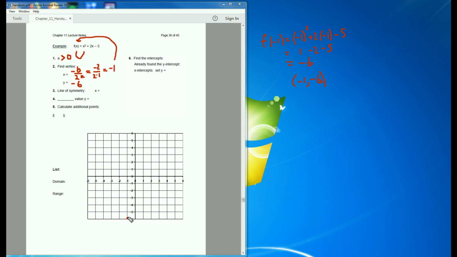Go ahead and plot that point. The line of symmetry goes through the vertex. So in other words, the equation of that line is x equals -1. All right, and the parabola is going to be symmetric around that line. If you want, you can draw that line of symmetry in.